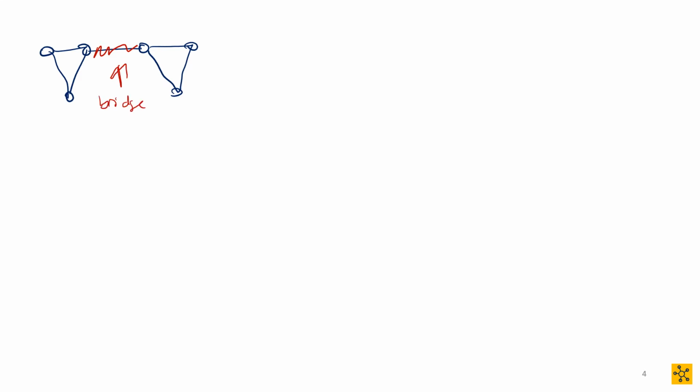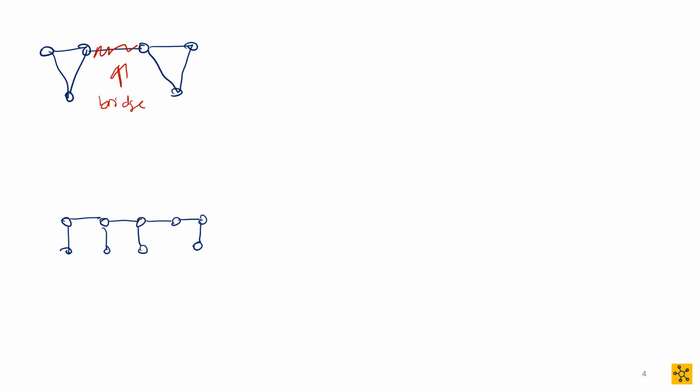Or, for example, again, let's not make it so blatantly clear. Actually, let's keep on making it blatantly clear so that you can actually see the process. Okay. What are bridges on that one? If you remove this one here, your graph becomes disconnected. So that's a bridge.